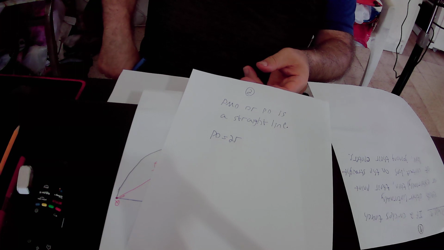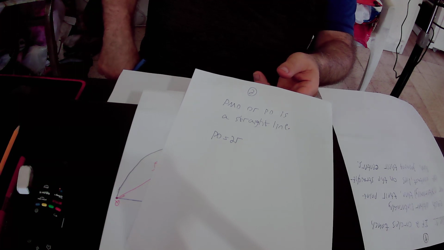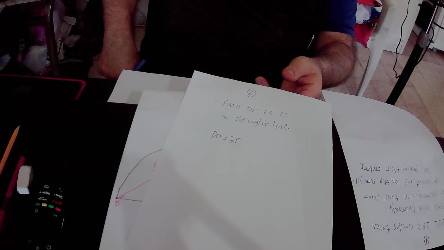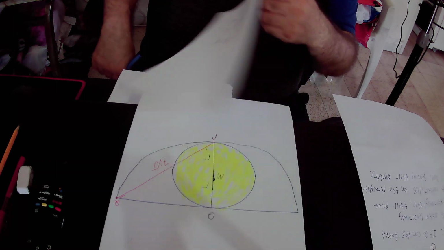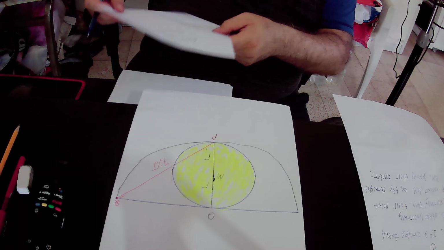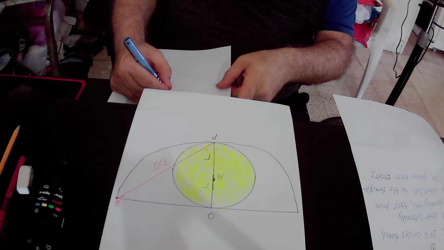PMO is a straight line, or PO is a straight line, and PO equals 2 times r, and 2 times r is defined as the diameter of the yellow circle.